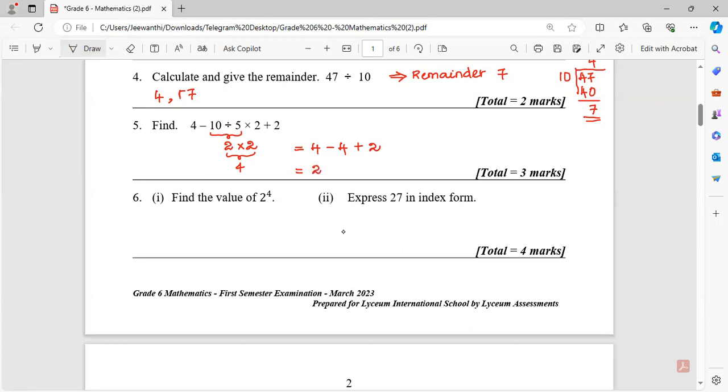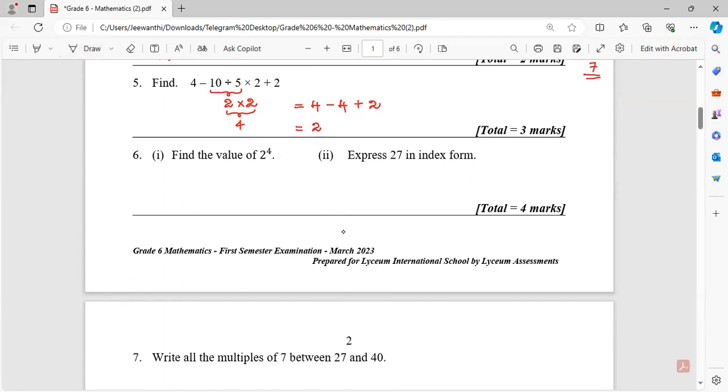Okay. So then the next one, but before moving on, I want to double check. 10 divided by 5, yes, it is 2. 2 times 2, 4. 4 minus 4, 0. 0 plus 2, 2. Yes, my answer is correct. Find the value of 2 to the power 4.